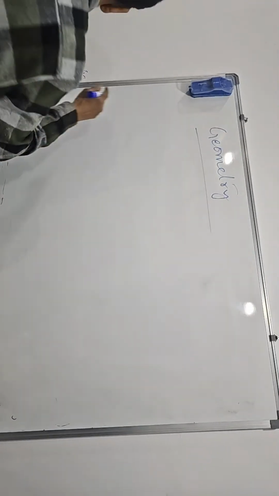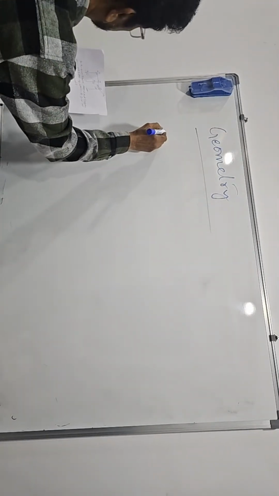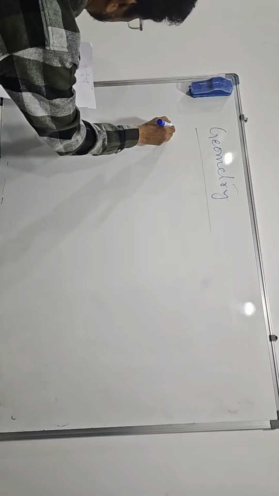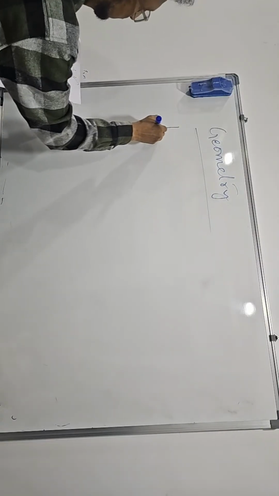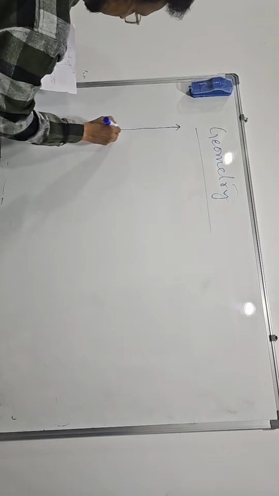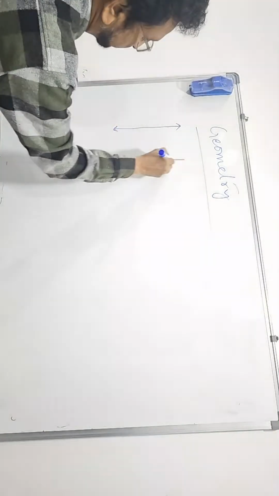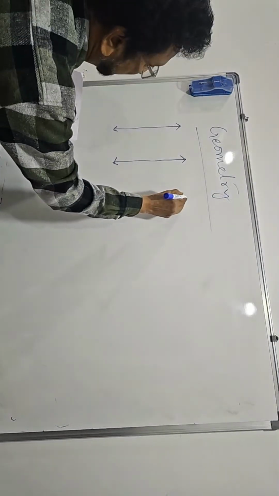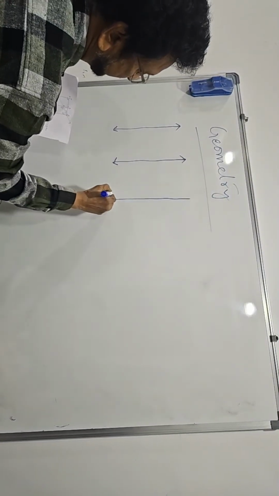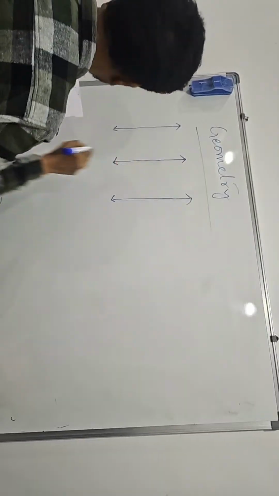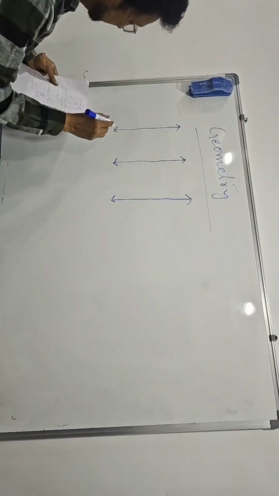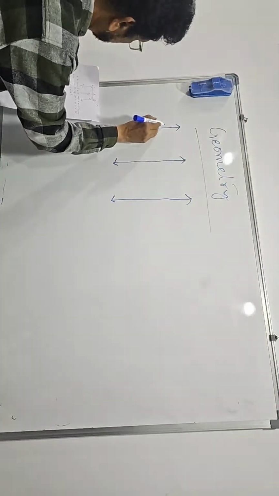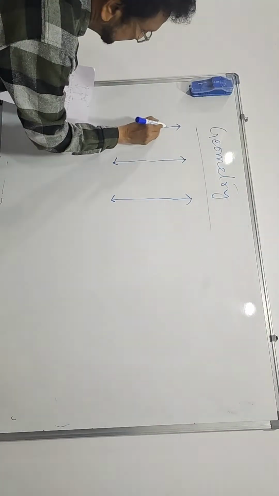Now we shall take a first diagram of geometry. Three lines are parallel. This line, this, and these three lines are parallel to each other. ACE.